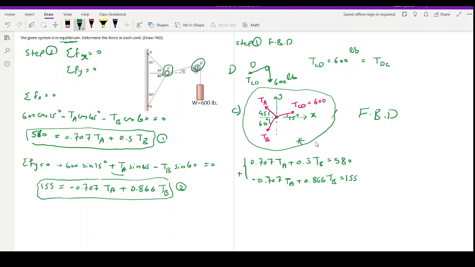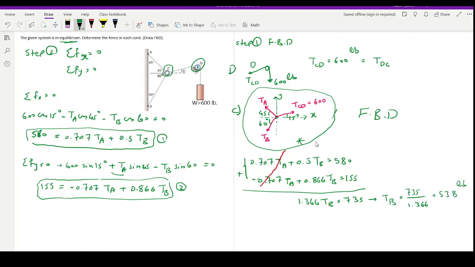If you add them to each other, clearly the TA part will go away because they cancel each other, and you have just TB, and you can calculate TB from there. So it's going to be 0.5 plus 0.866, that means 1.366 TB is equal to 580 plus 155, that's 735. Therefore, TB is 735 divided by 1.366, and that's going to be 538 pounds.